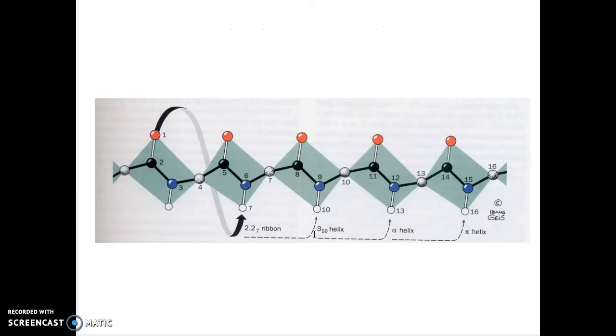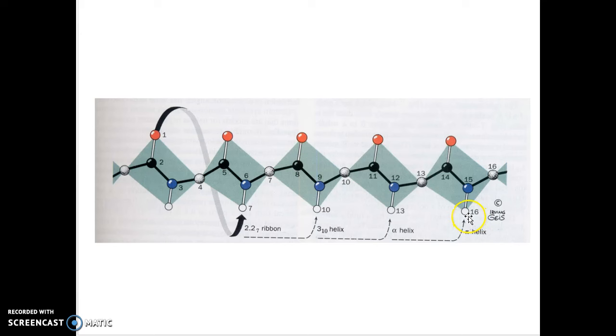You can see the difference between alpha helix, 3-10 helix and pi helix in terms of the hydrogen bond made from here to here. That's going to be alpha helix. Here, that's going to be 3-10 helix.